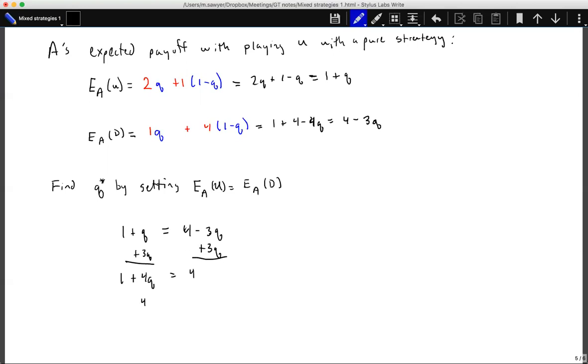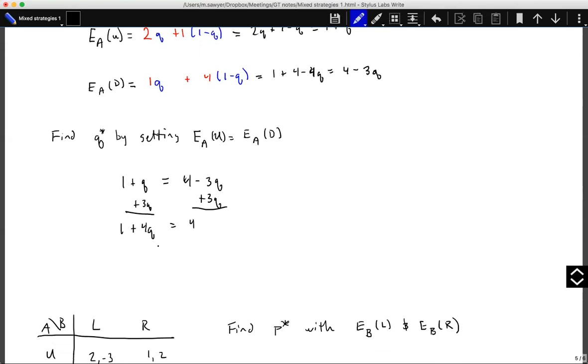Then subtract off 1 from both sides. So I get 4Q is equal to 3, so Q is equal to 3/4. That means 1 minus Q is equal to 1/4.